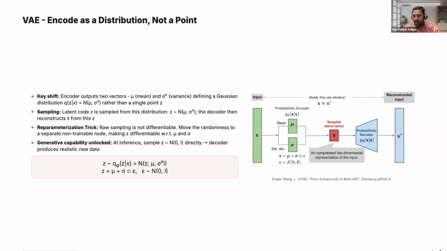Now all the randomness sits in epsilon, which has no learnable parameters, and mu and sigma are on a clean differentiable path. So the gradient flows, and we can train this model end to end. Once trained, generation is trivial: sample z from a normal distribution and decode it. You'll end up getting realistic new data because we forced the latent space to look like that normal distribution in the first place.